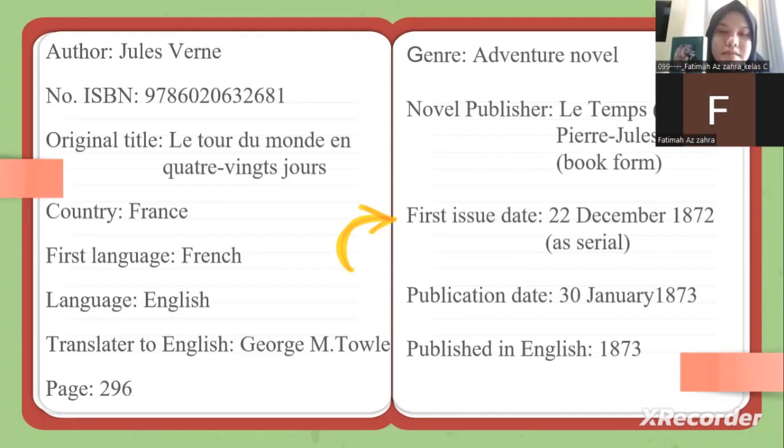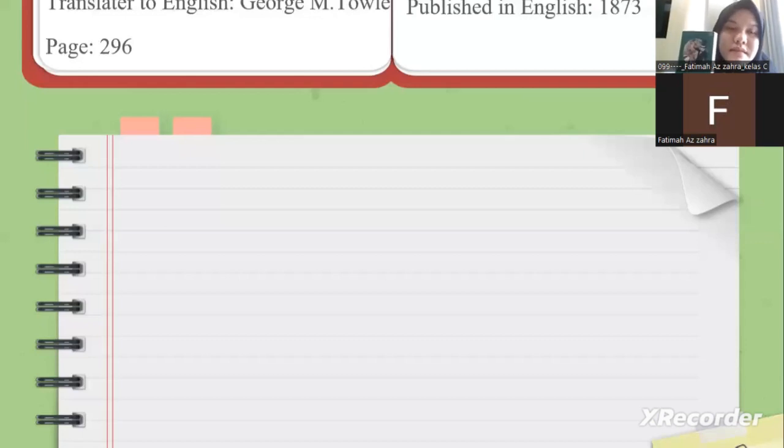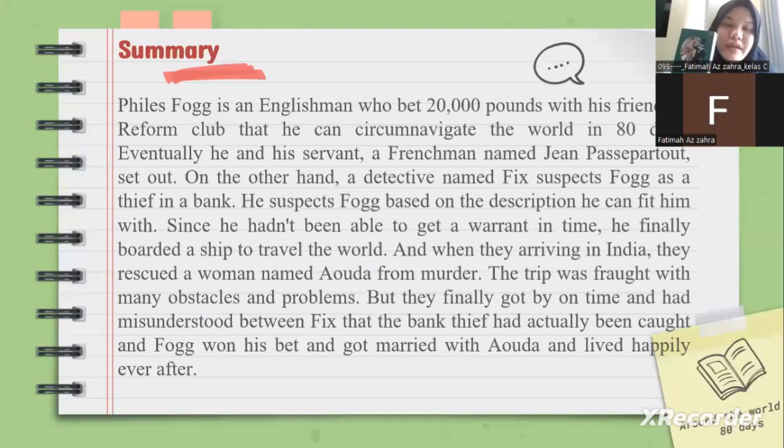Next, the summary. The story begins with the main character, Phileas Fogg. He is an Englishman who bet 20,000 pounds with his friends at the Reform Club that he can circumnavigate the world in 80 days.